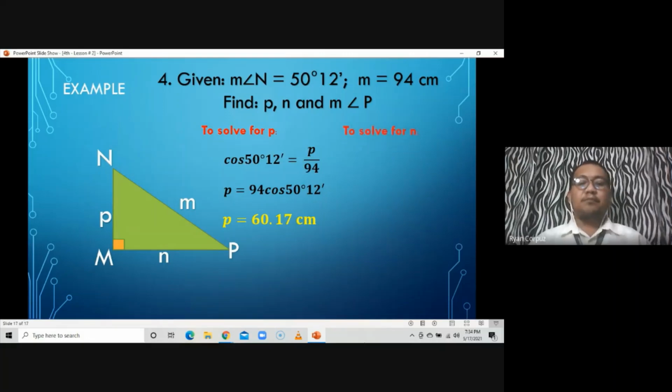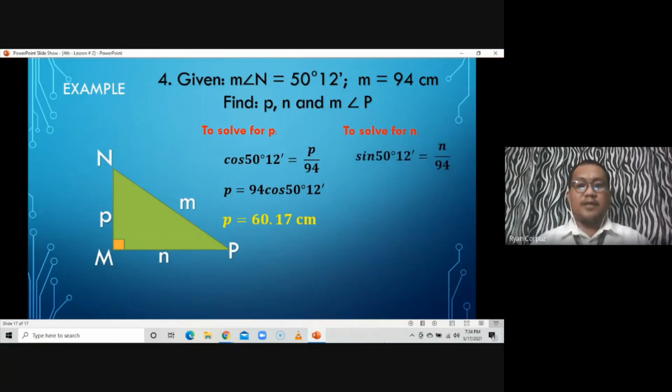Next, to solve for N, so to solve for N, balik tayo dito. Ang given measure natin, ito, measure ng angle N at M. So we are looking for N. So that is opposite over hypotenuse. Opposite and hypotenuse, that means we are pertaining to the trigonometric ratio na sine. So, ano lang natin yon? Given measure ng angle, attach agad natin.